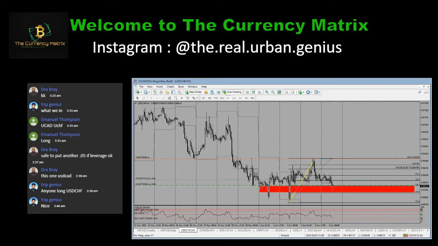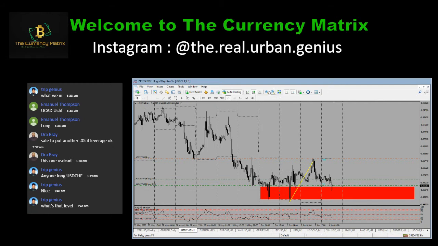Just put it at the low of this day, all the way to the bottom of that volume. All right. So with that being seen there, TP3 achieved. That Fibonacci can be removed.